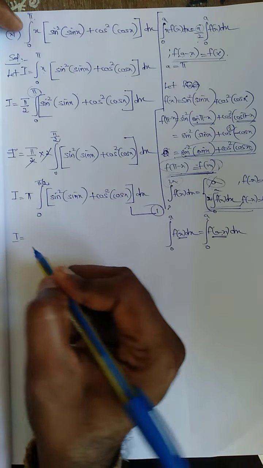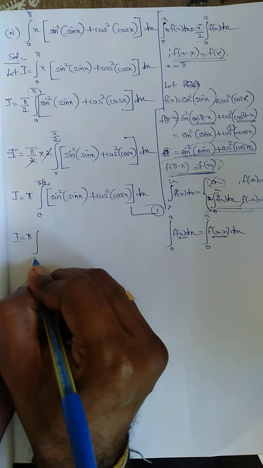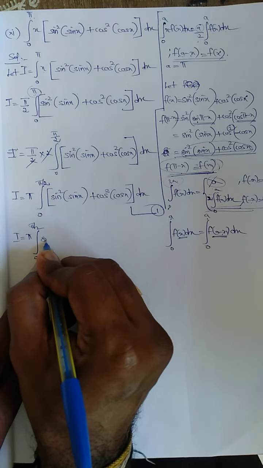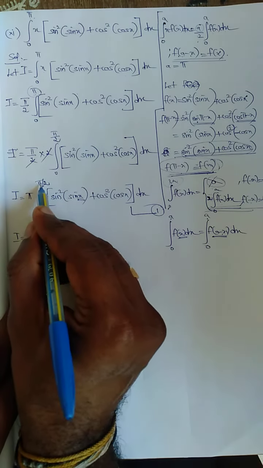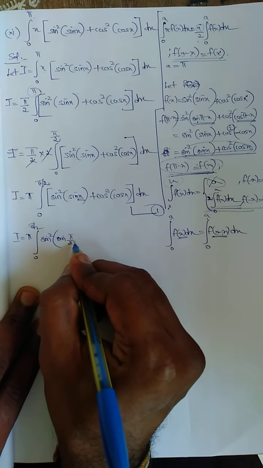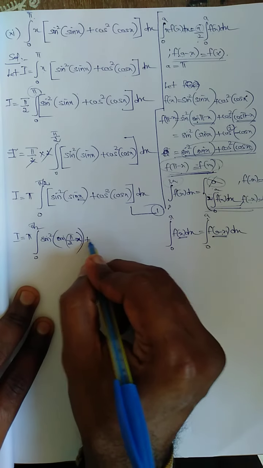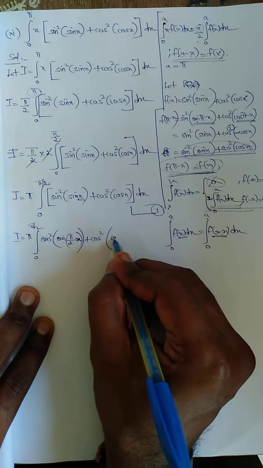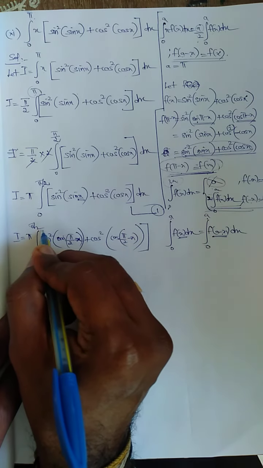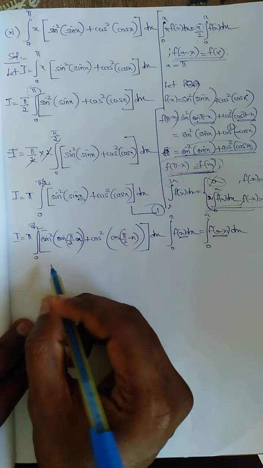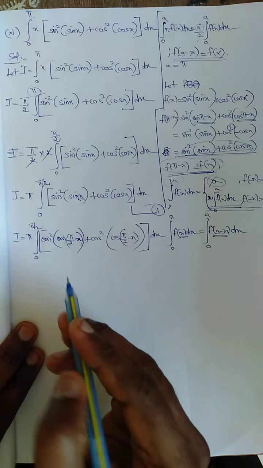So write I is equal to pi, integration of 0 to pi by 2 sine square, open the bracket, sine of pi by 2 minus x, close the bracket, plus cos square, cos of pi by 2 minus x, dx. In place of x, pi by 2 minus x.